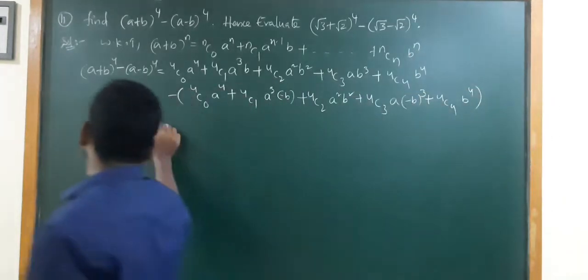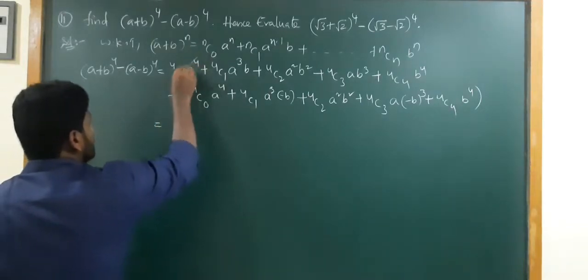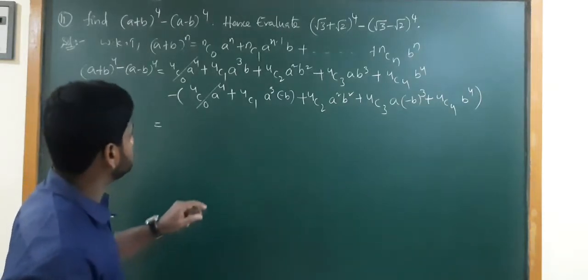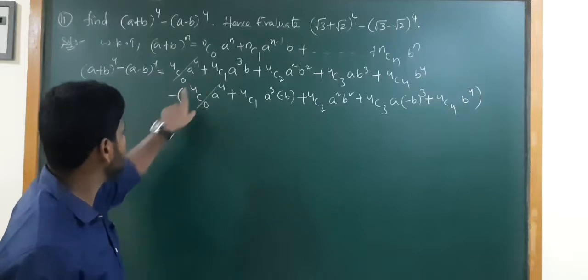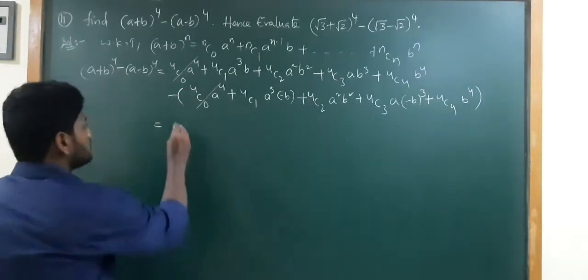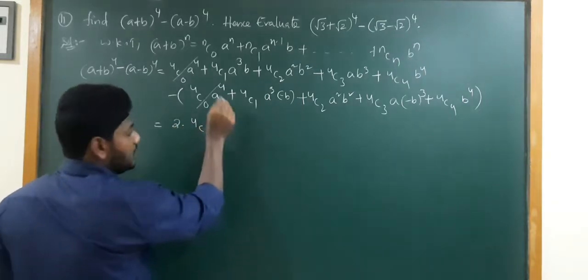Now if you observe this, is there any common element? Yes. 4C0 a^4 minus 4C0 a^4. Next, 4C1 a^3 b terms won't cancel. Why? Because this is plus, and minus into minus is plus. Plus means 2 times 4C1 a^3 b.